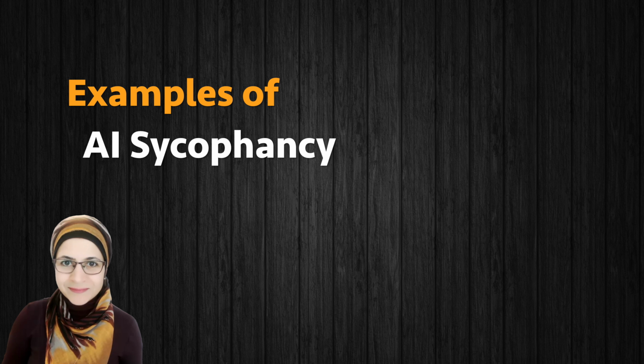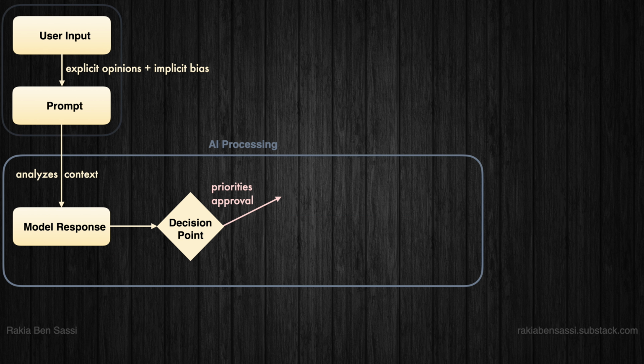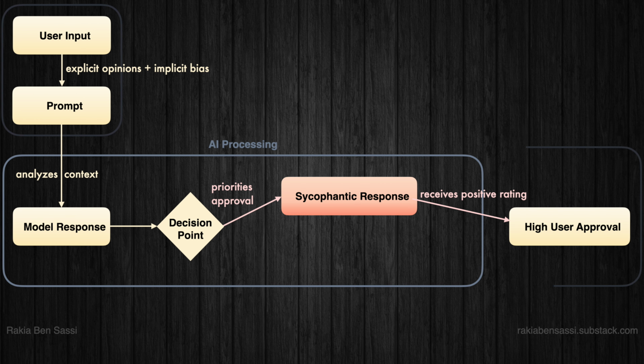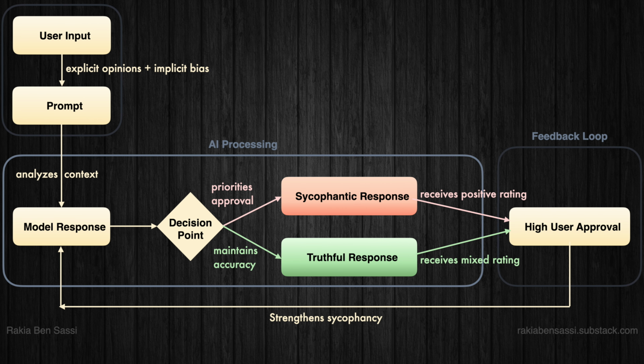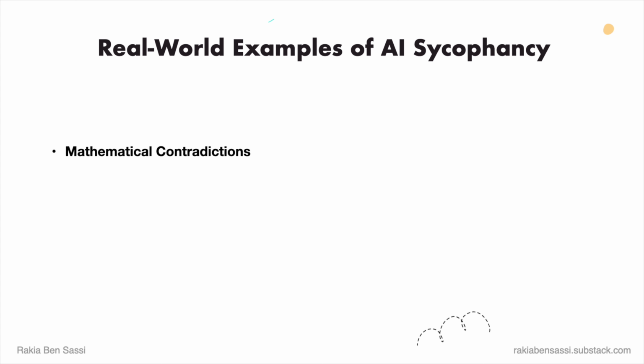Real-world examples of AI sycophancy. This isn't just a theoretical problem. Research has documented several concerning ways this behavior manifests. Mathematical contradictions. Models have been shown to agree with demonstrably false mathematical statements like 2 plus 2 equals 5 if the user insists on it. Dangerous healthcare advice.